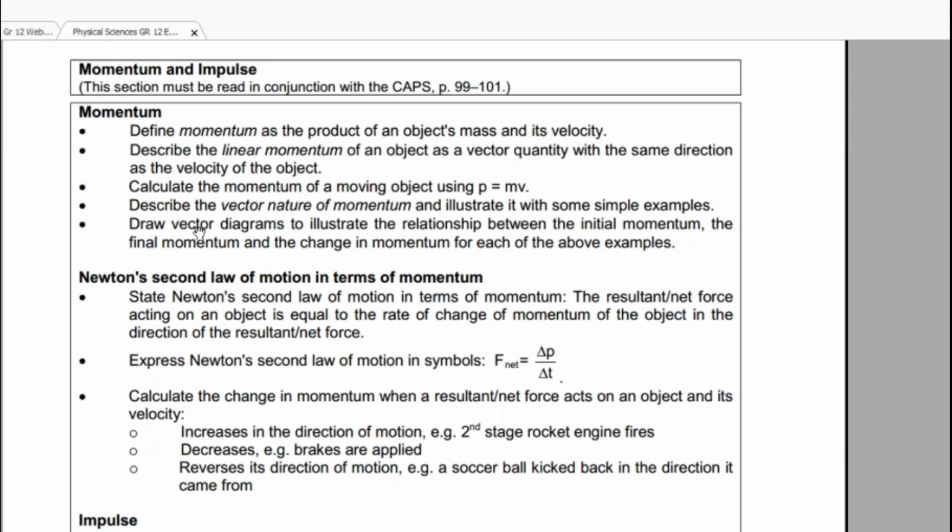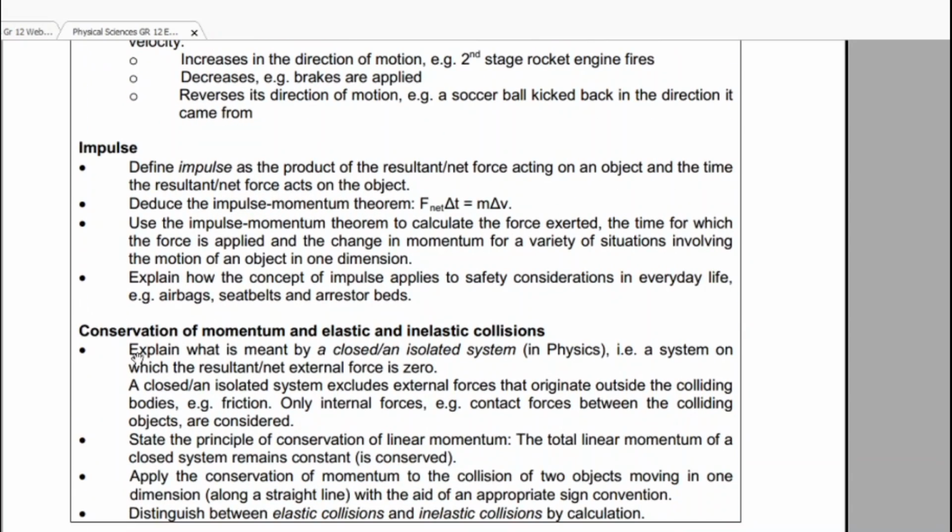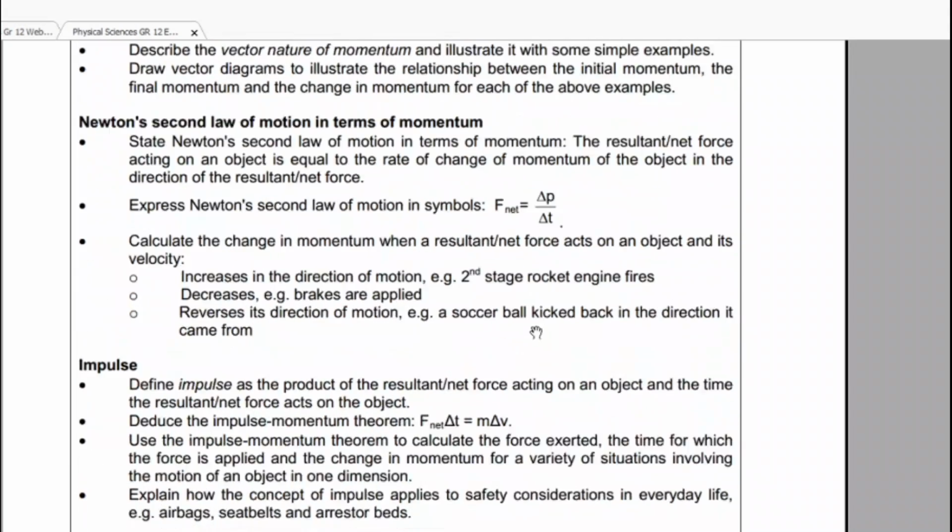As an introduction, we can maybe just read through the definitions. So sizocala momentum, sicale the Newton's second law of motion in terms of momentum, and then sicale impulse and the conservation of momentum in elastic and inelastic collisions, right?